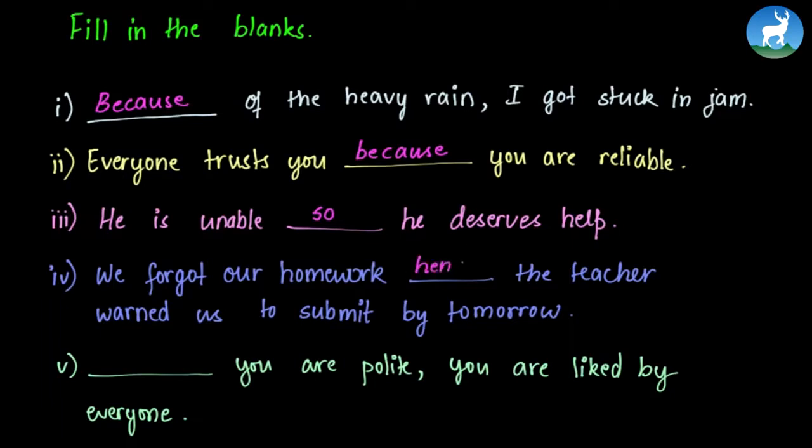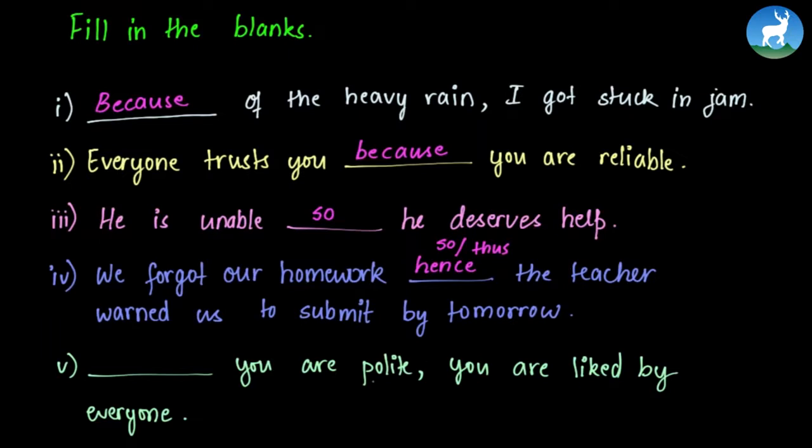So let's try hence. We forgot our homework, hence the teacher warned us to submit by tomorrow. You can use so here. You can also use hence. Or you can also say thus. So remember, we had a list of connectives for each classification, so we can use any of them.